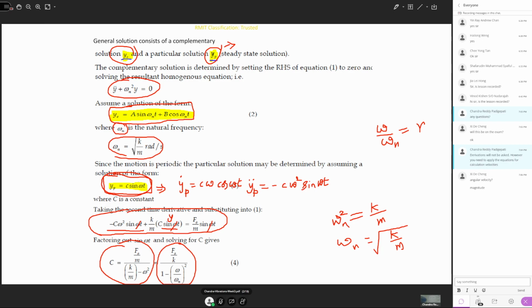In such a case, you can simply write this as F naught over K over 1 minus R squared, where R is defined as the ratio of the external frequency over the natural frequency.